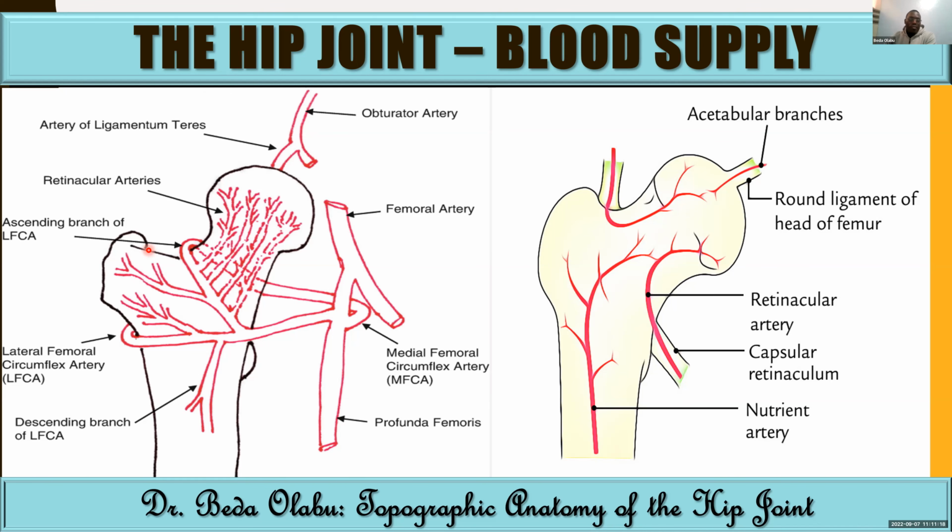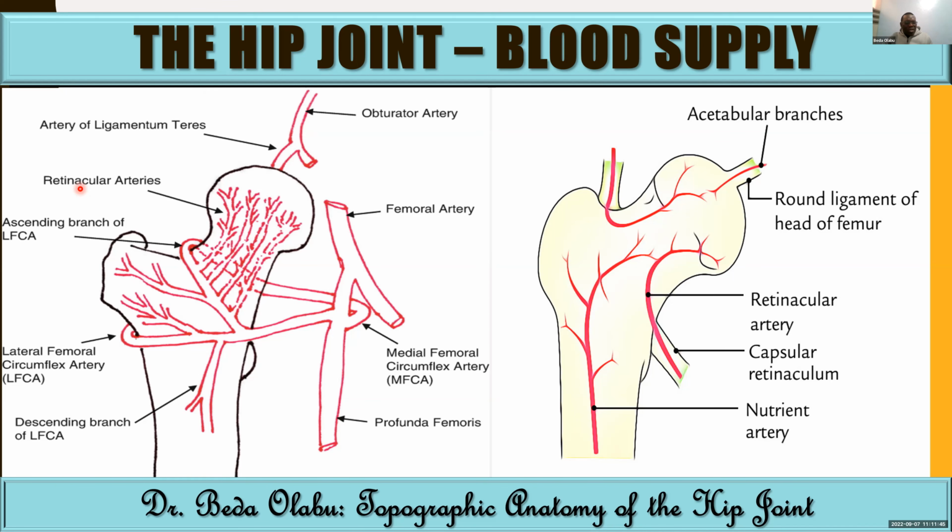Anyway, from the anastomosis, remember there's a capsule of the joint that comes and attaches. From that capsule, there are some internal reflective fibers which come from the neck side towards the head of the femur. We call them retinacular fibers of the capsule.